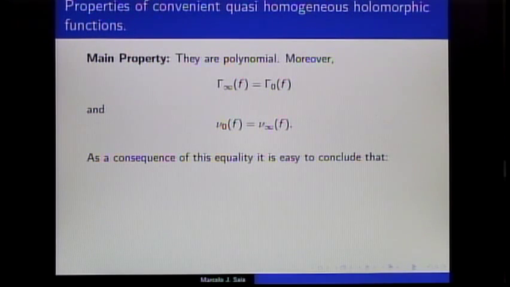It's just a question of analytic geometry.